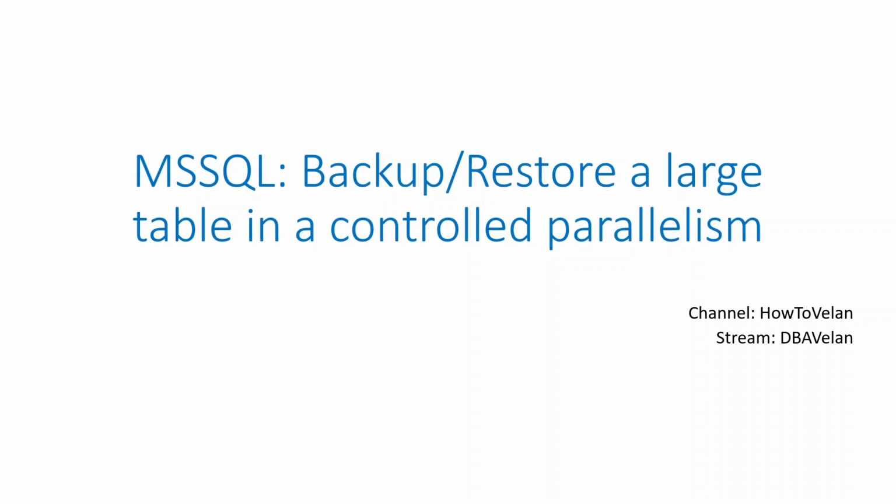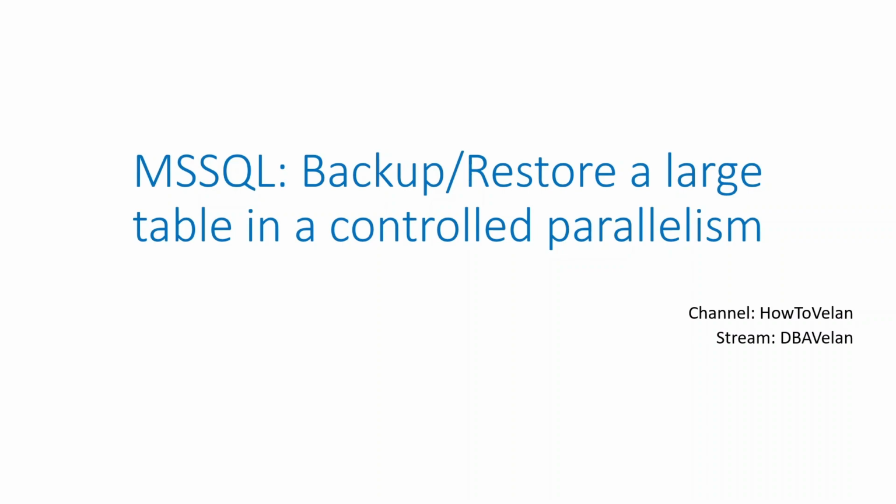So I started discovering these options, and then I figured out why not process the whole table in parallel by logically partitioning the table using some sort of windowing function, which is what I'm going to demonstrate today. I'm going to create a large table, but I'm not going to include varchar max, maybe that's for a different video.